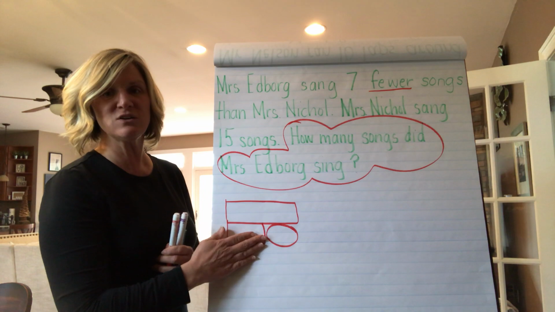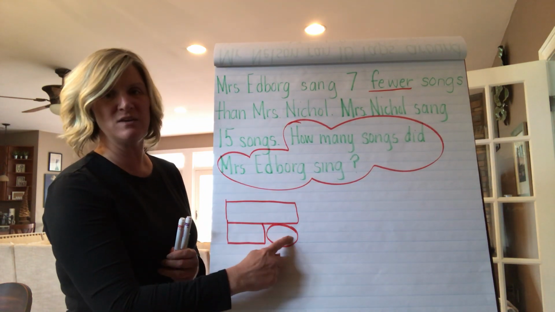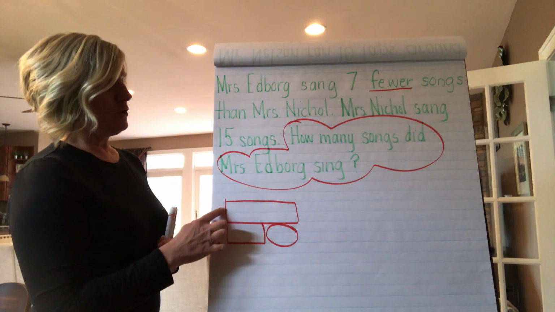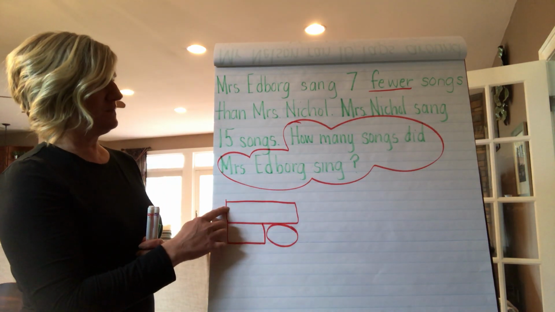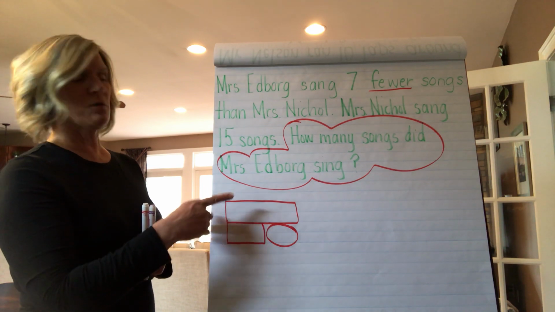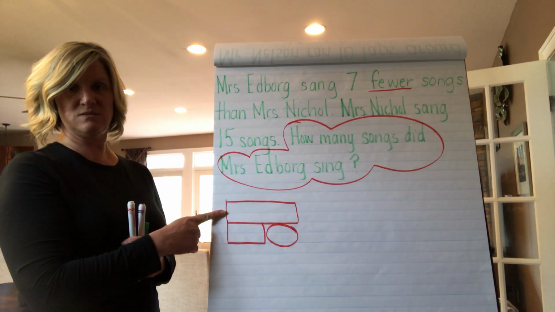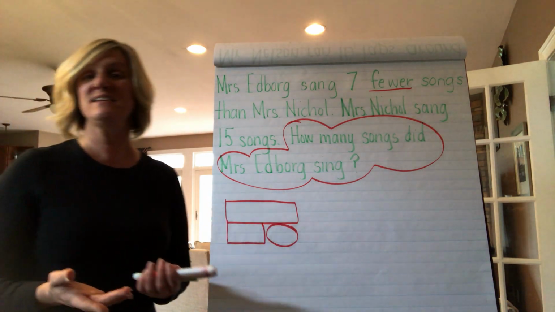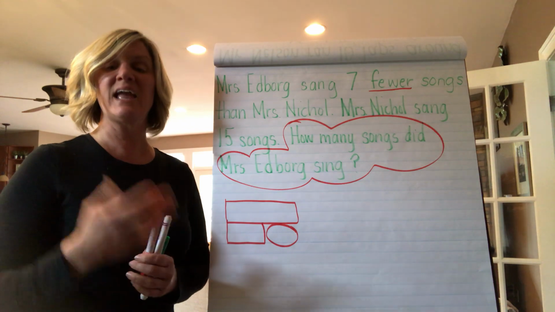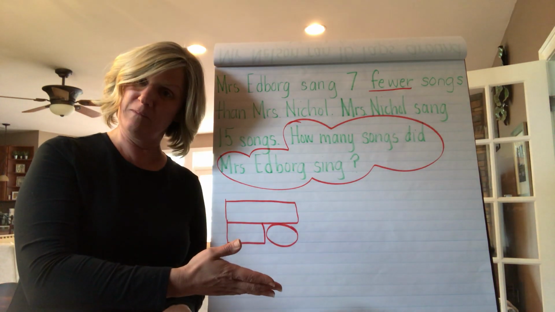Just picture, boys and girls, this is like your math mountain here. Do you know already whose name is going to be up here? Is it going to be Mrs. Edborg with more songs or Mrs. Nickel with more songs? Let's take a look and see if we know who sang more. It says Mrs. Edborg sang 7 fewer.